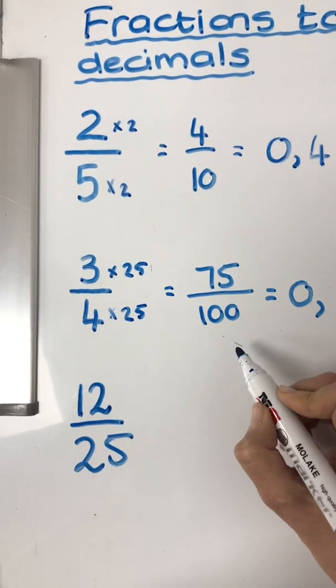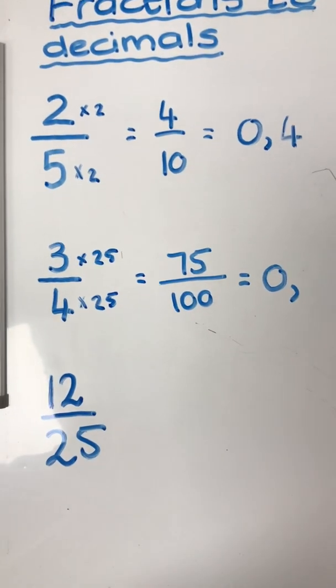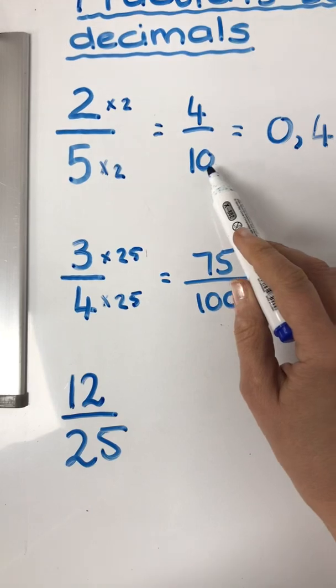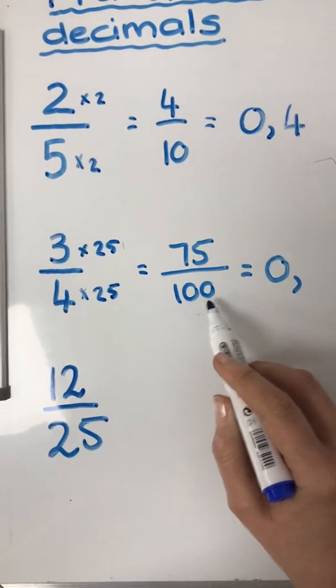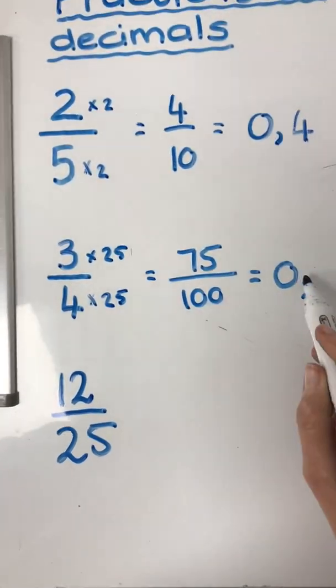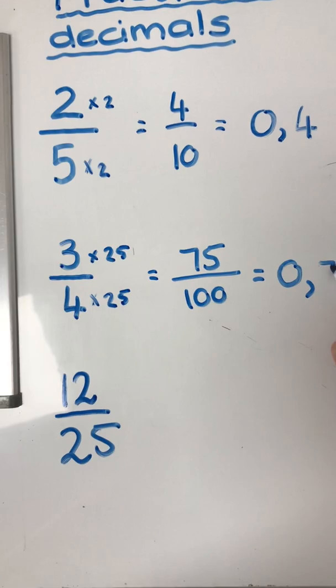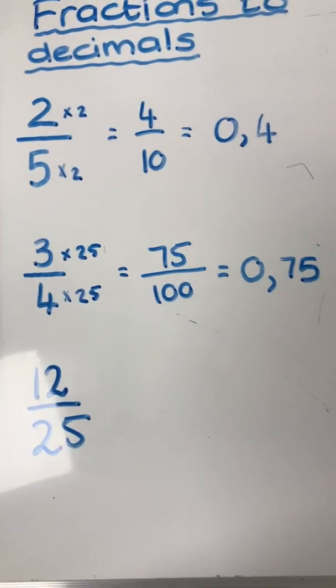Now, a way of remembering it: if there are 2 zeros in the 100, you need 2 spaces after the comma. If there's 1 zero, 1 space after the comma. So in this case there are 2 zeros, so you're going to have 2 spaces after the comma, and 75 fills up the 2 spaces nicely.